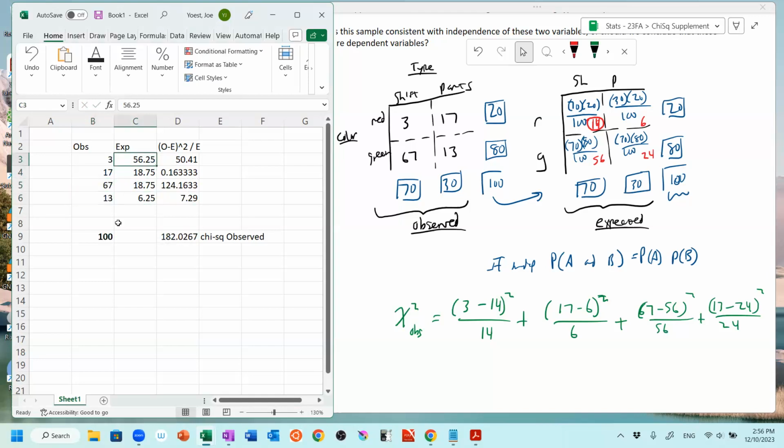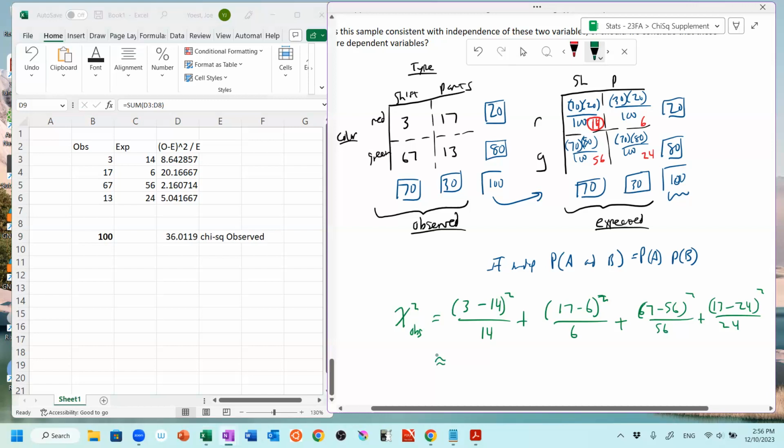And then I just have to make sure I go in the right order. So 14 goes with the 3, the 6 goes with the 17, the 56 goes with the 67, and the 24 goes with the 13. So my chi-squared observed is something like 36.